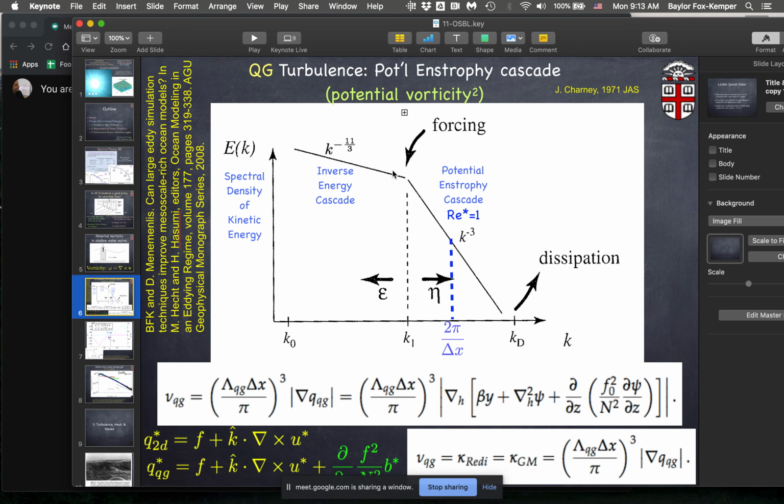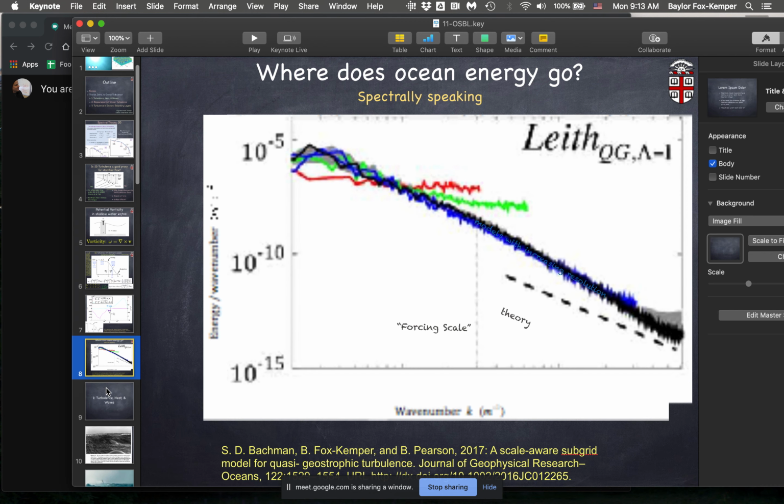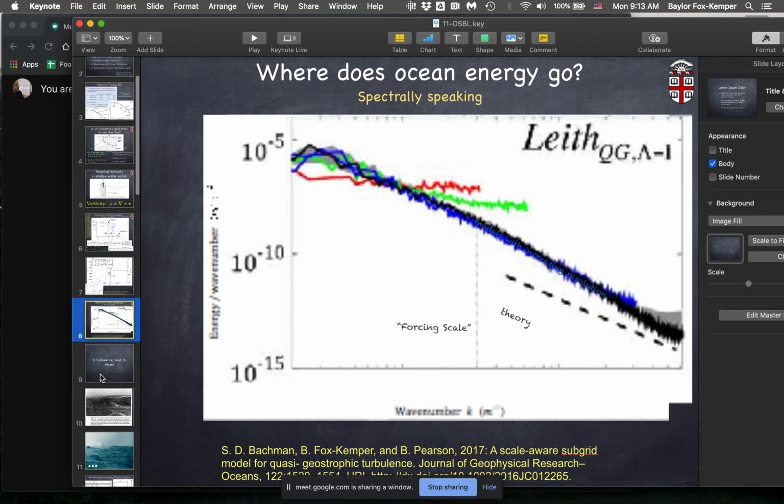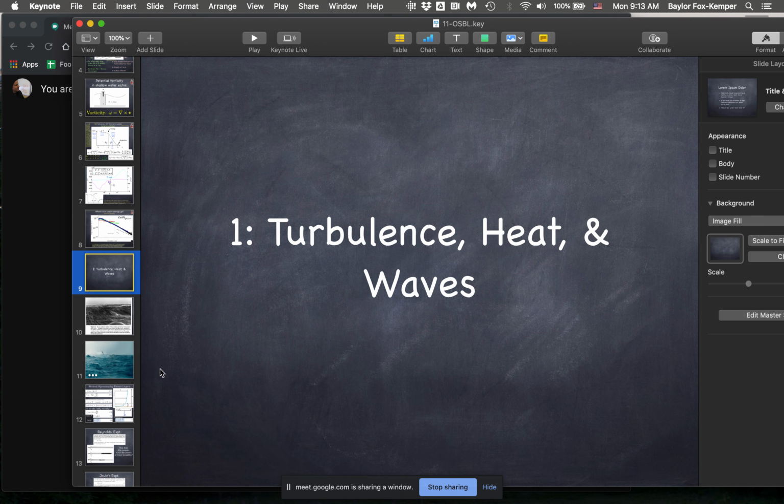It turns out that there is actually a QG turbulence that looks an awful lot like 2D turbulence with an inverse energy cascade and a direct entropy cascade, and things are a lot more complicated in a way that we don't really need to go into in detail right now, but we'll revisit this topic when we get to thinking about the submesoscale and how that works. All right. So that's us catching up on what we wanted to think about for the 2D and QG theory. Are there any questions on that before we move on to talking about what Thorpe discusses?